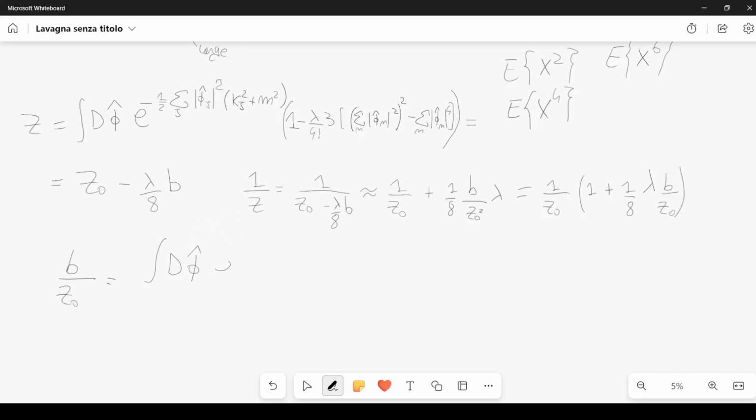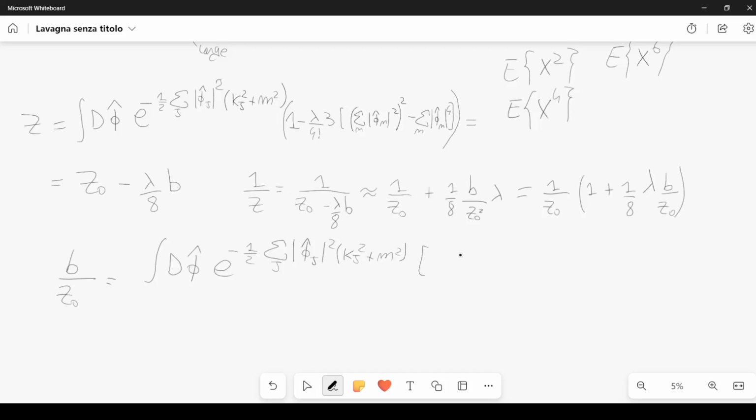Here, then I have e to the minus 1/2 summation over j of mod phi hat sub j squared times k_j squared plus m squared. Then we have summation over n.